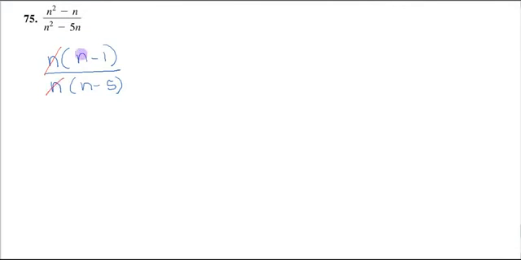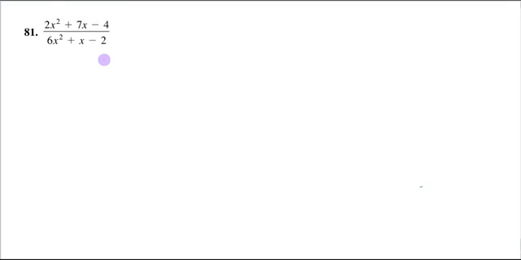It's not always the thing in the parentheses that you're going to cancel. It doesn't matter if it's in parentheses or a single factor sitting out front. Those are still multiplying the n minus 1 and the n minus 5, so we can cancel those. And then we're left with n minus 1 on the top and n minus 5 on the bottom.